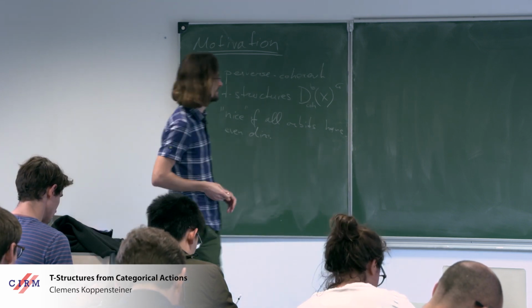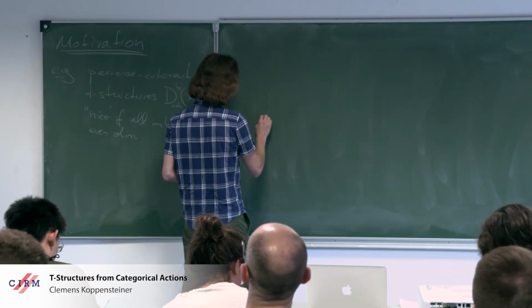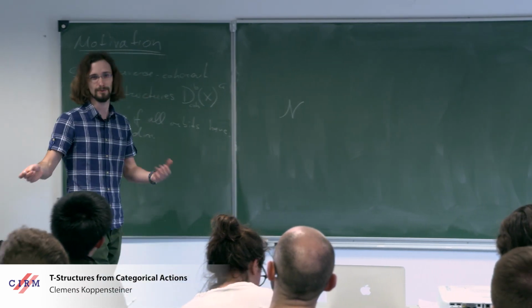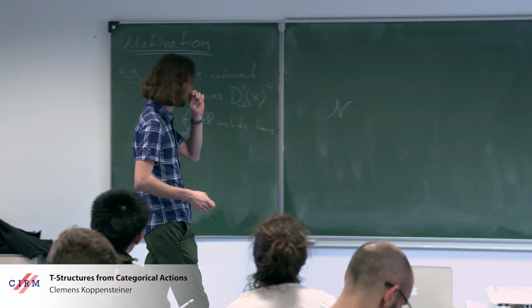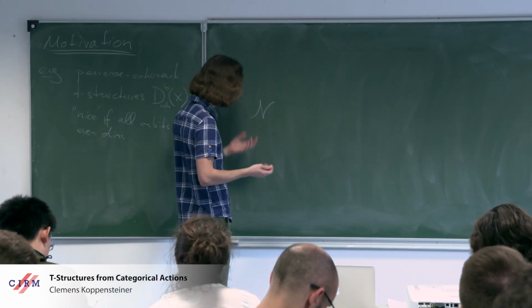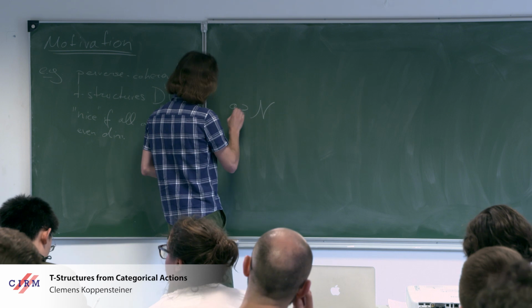An example where this has been classically studied is the nilpotent cone. It's well known the nilpotent cone has all even-dimensional G-orbits inside the Lie algebra.